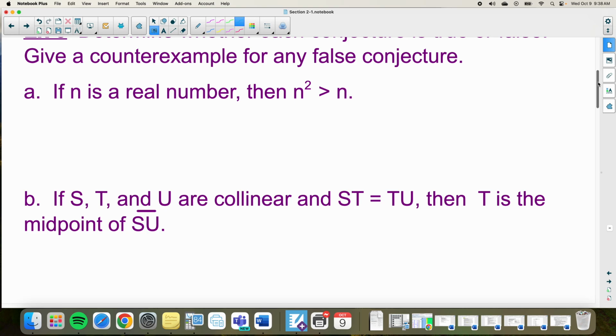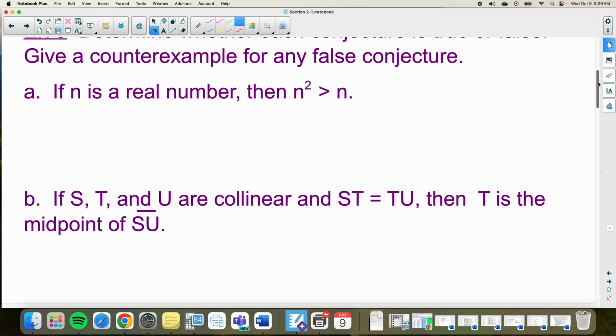So let's go here, and what they're saying is if n is a real number, then n squared is greater than n. Now, first of all, real numbers, you guys, are positive numbers, negative numbers, zero, fractions, decimals, irrational numbers, all of those are real numbers, okay?